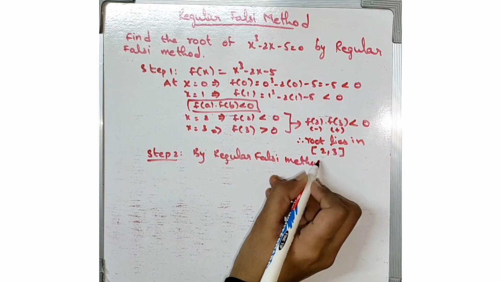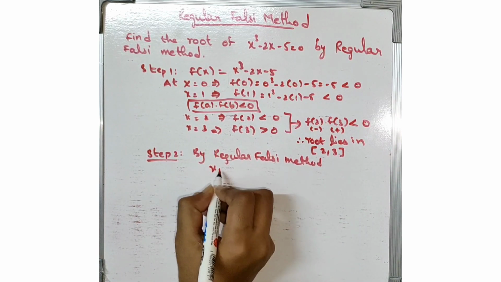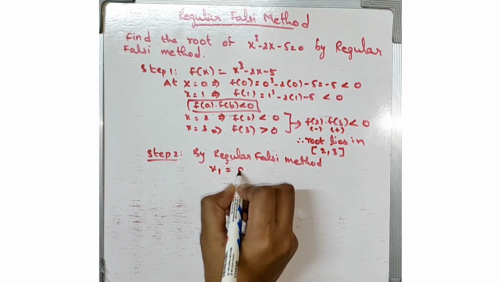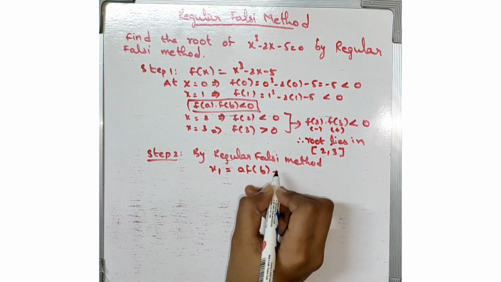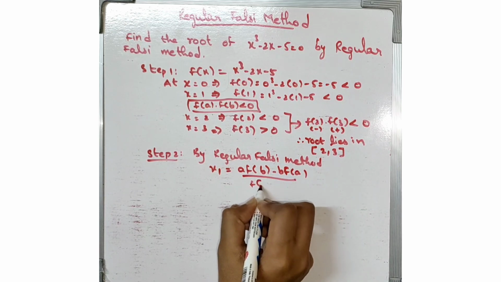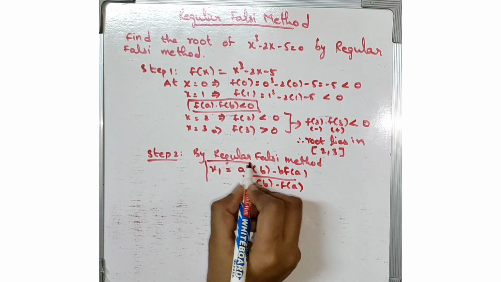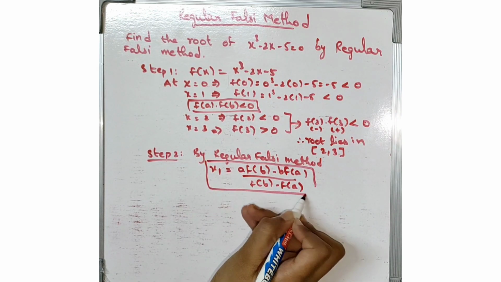I have explained the formula. Let us take it as x1, that is, x1 = (a f(b) minus b f(a)) divided by (f(b) minus f(a)). This is our equation.